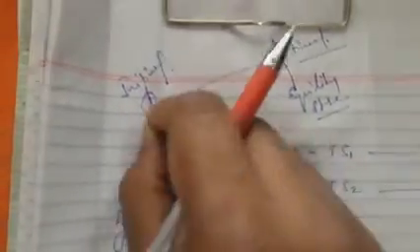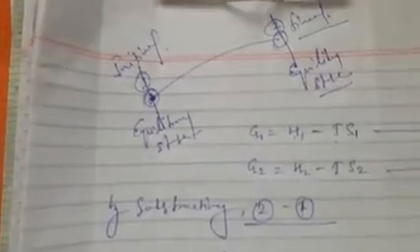Once again, this is the first state, this is the second state, or called initial state and final state. This is the initial equilibrium state, this is the final equilibrium state, and by changing delta T, I want to relate delta G and delta H.